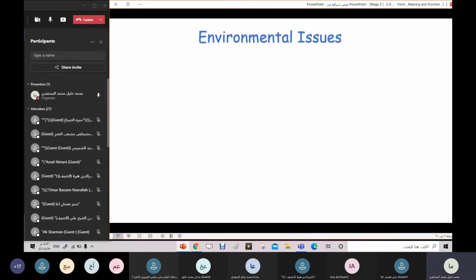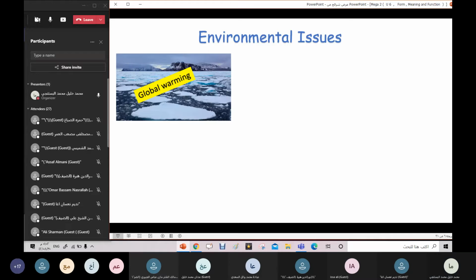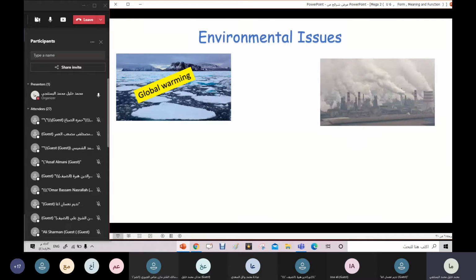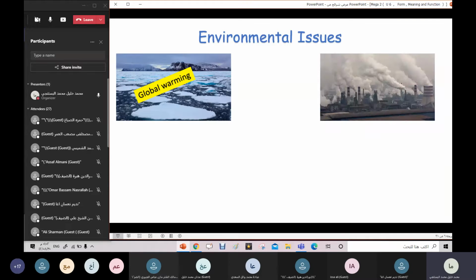About the environmental issues that we suffer from here in our world: global warming. What do you think this picture represents? Yes, it represents pollution. Good, pollution.